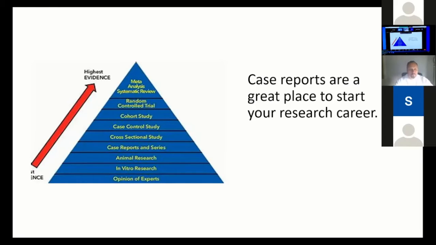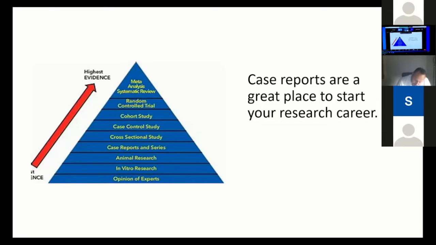But then you get into that case reports and case series. And those, like I said, don't require this IRB oversight. They're just administratively less of a lift. So they're a great place to start your research career. And I think they're not such a terrible undertaking.